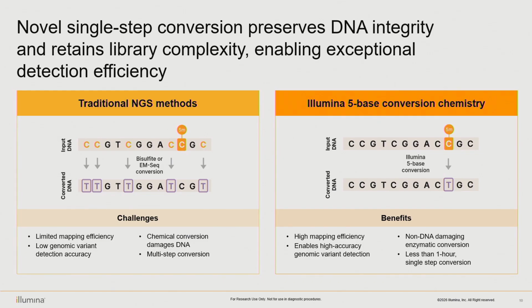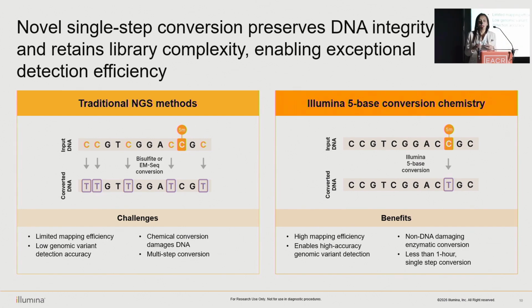I would not go into too many details, but the essential thing is that the first step brings the innovation on the side of the chemistry. On the left side here, you see the traditional NGS-based methods, or bisulfite sequencing, where you would need to treat the molecule of interest with enzymes doing the indirect conversion.